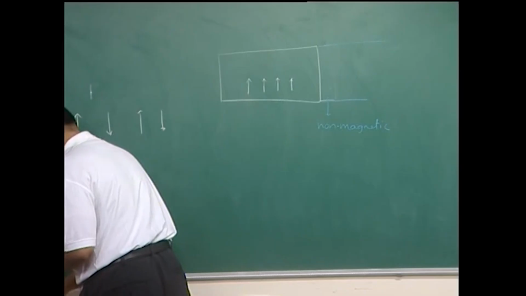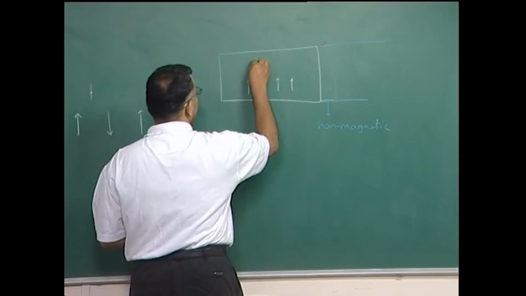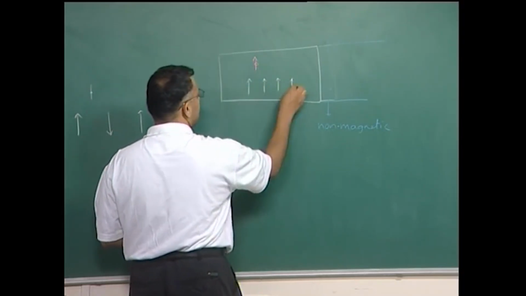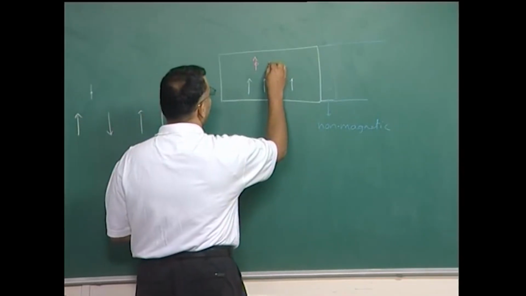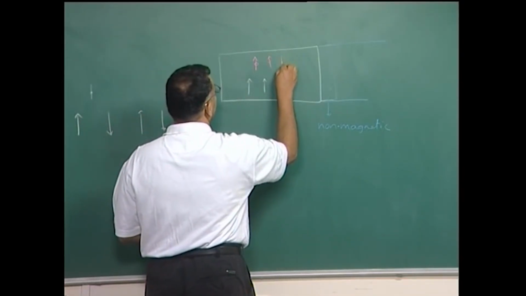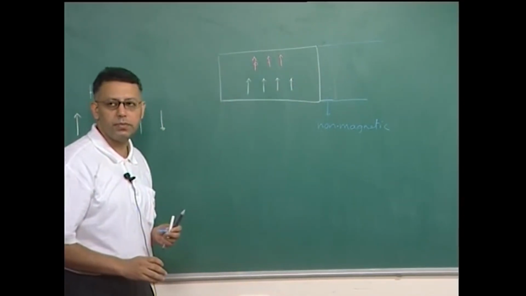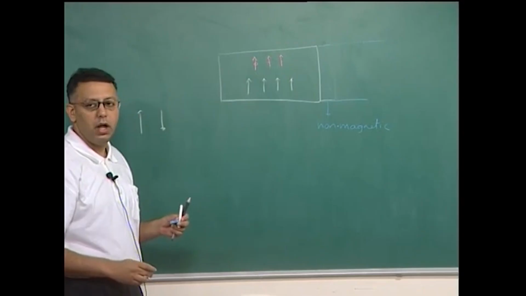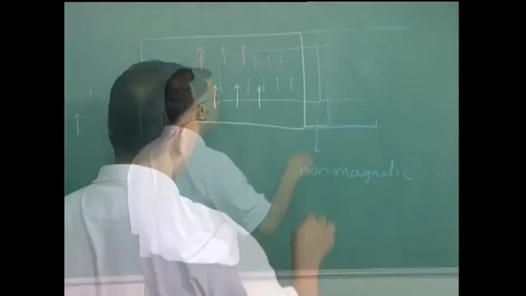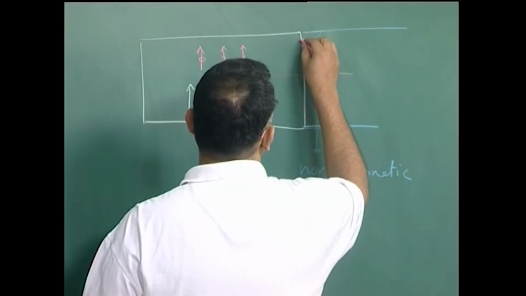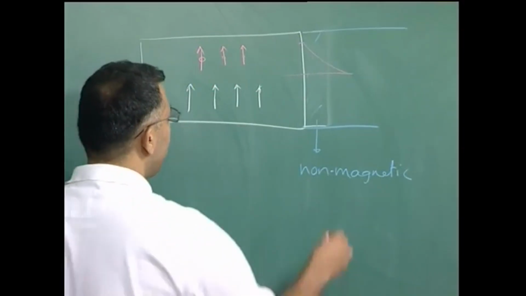So, when I pass current through this material, the current which is flowing gets spin polarized. Of course, there are the fixed magnetic moments in the material, but this is the one which is carrying the current, and thus I am drawing it separately in red, and therefore the charges become spin polarized, and this is travelling. Therefore, when it crosses the interface, this material is non-magnetic, and this spin polarization would actually die down after a certain length, and this length is called the spin diffusion length.